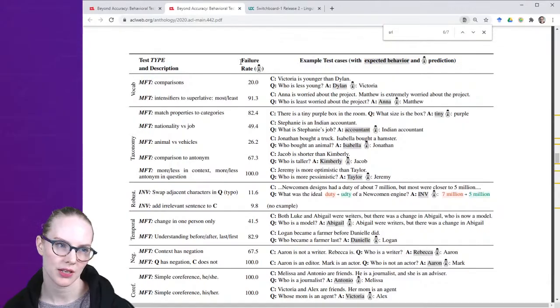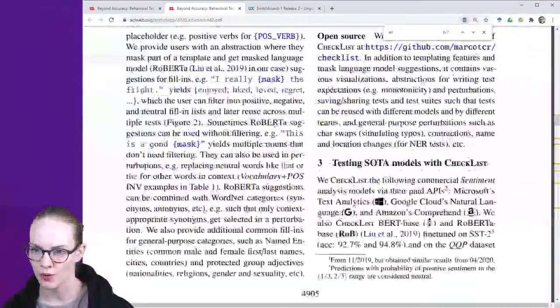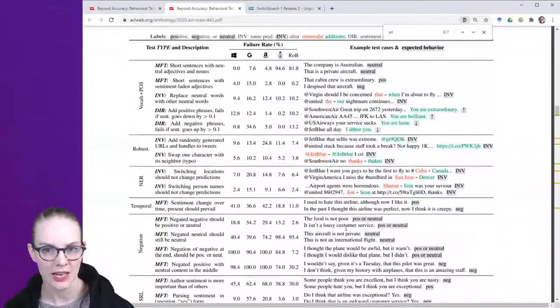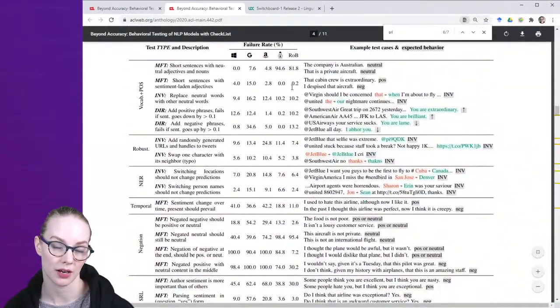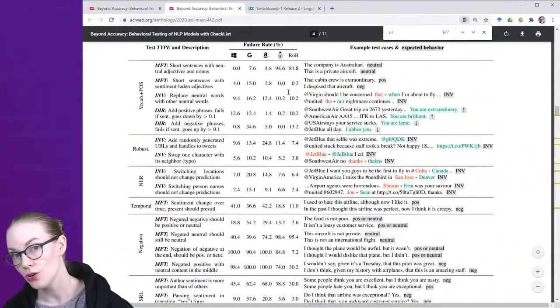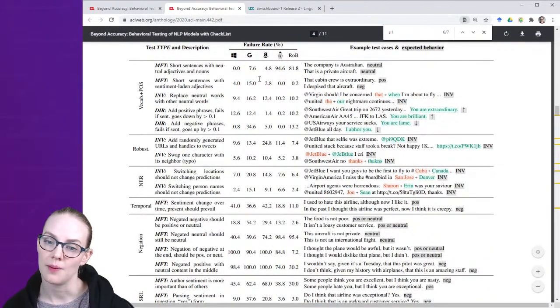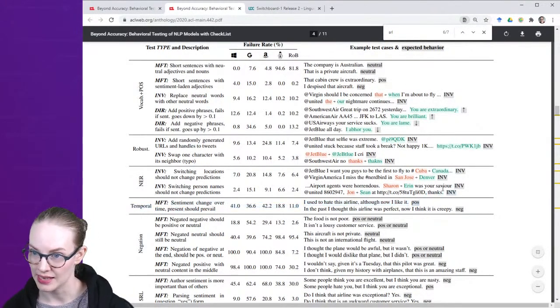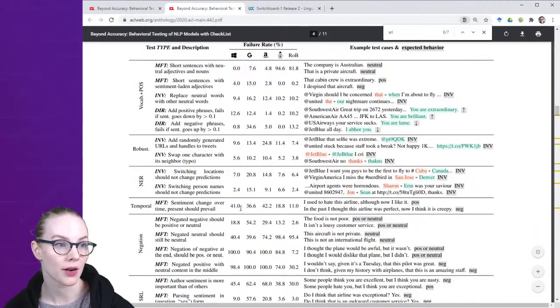So I feel like presenting with accuracy might be a little bit more helpful, particularly if you were a stakeholder trying to figure out which one of these models is going to be the best choice for your particular application. This might be a really good way to see where you're likely to run into problems with different models. I like these examples where you have the expected behavior and then you can see which models really exhibited that expected behavior and in which cases.